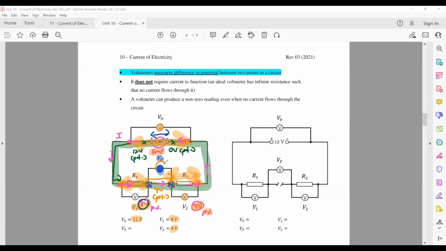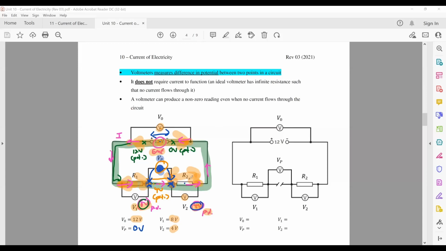So if you have a voltmeter that is placed here and here, the differences in these two potentials is actually the same. 4 volts and 4 volts, there's no difference between them. So it's just going to be 0 volts. After here 4 volts, you have a PD of 4 volts here.